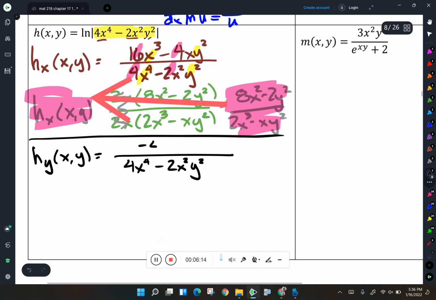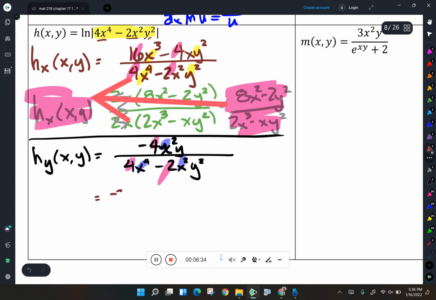So what is that going to give me? Negative 4x squared y. Yeah, negative 4x squared y. Now I'll stare at it for a second and say, can I factor? Well, it looks like I could take a 2 out again. And it looks like I could get an x squared out. So I'll go ahead and do that.